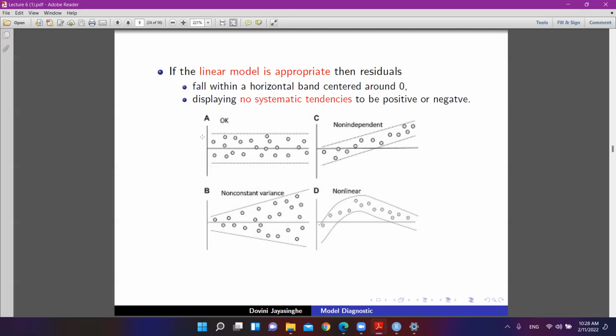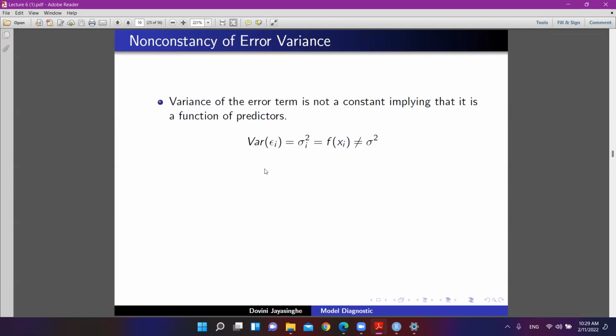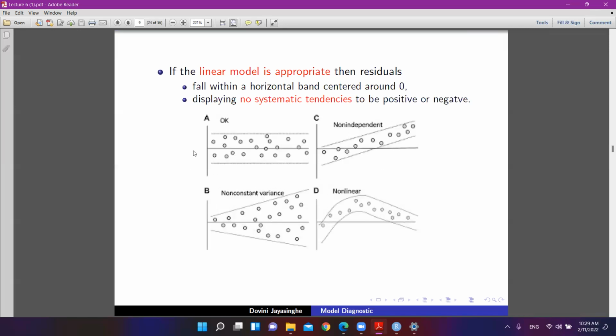This is a linear relationship because it possesses a constant band. Constant band means we are getting errors, positive and negative, going around this line symmetrically. That is why we expect a constant band around 0.